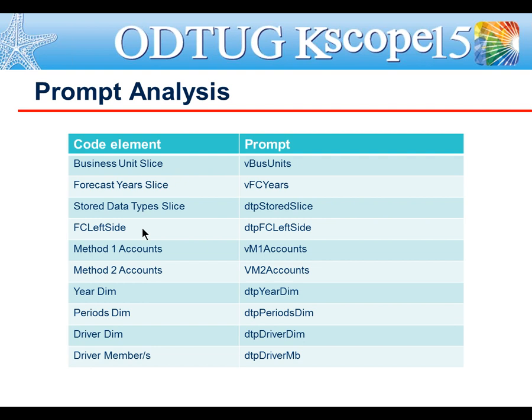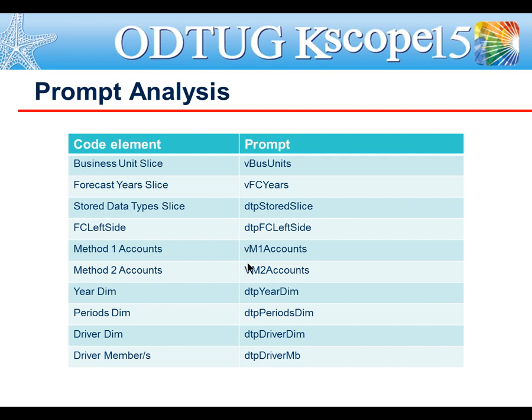The stored data members, things like view and HSP input value, the calculation designer is going to pick. What you want to put on the left side of the equation, in this case, forecast, the calculation designer is going to pick. We're going to have two calculation methods. The user is going to pick the accounts for method 1 and the accounts for method 2.